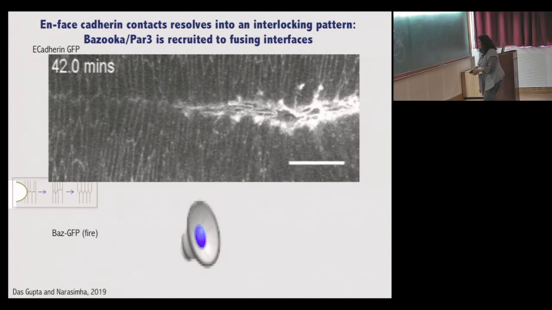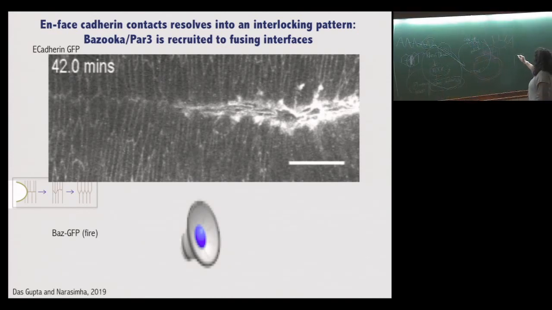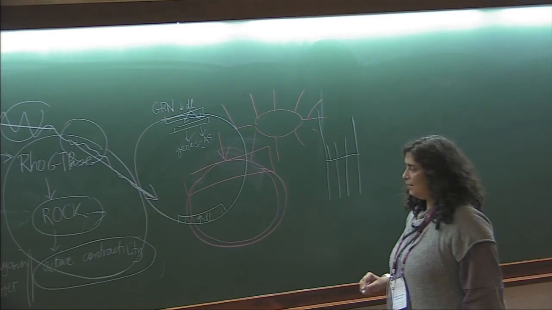So if you look at the morphology of the interfaces, at the initial points of contact, they will be like this, right? If I had the two stripes.